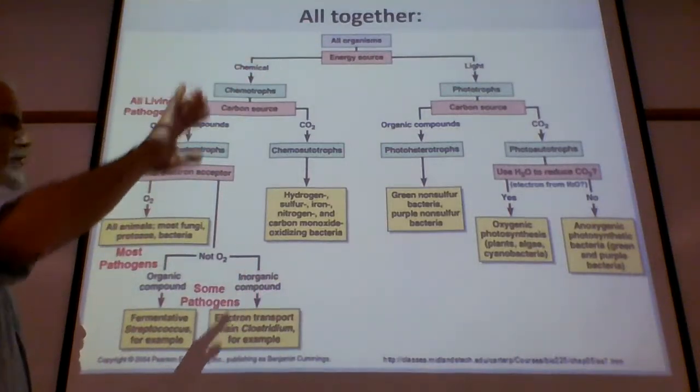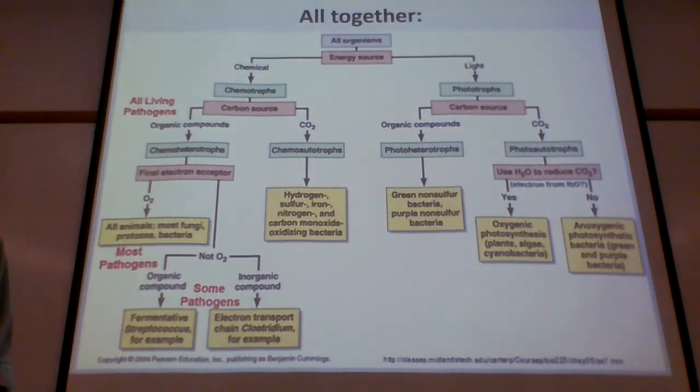All organisms are going to require an energy source. Now, for you and I, that's an organic compound, but it can either be a chemical source, which is a rather general term, or it can be light. And so we have the phototrophs. Their carbon source is either organic compounds or it's carbon dioxide, like plants.